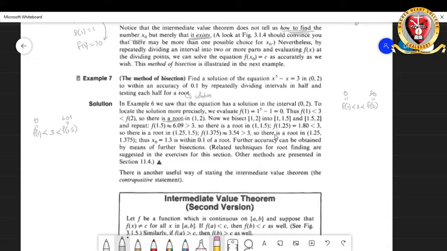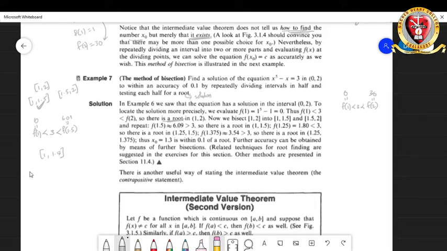That means there exists a root inside this interval 1, 1.5. So first what we did, we divided 1, 2 into 2 intervals, 1, 1.5 and then 1.5, 2, and we said that the solution is lying inside the first interval.